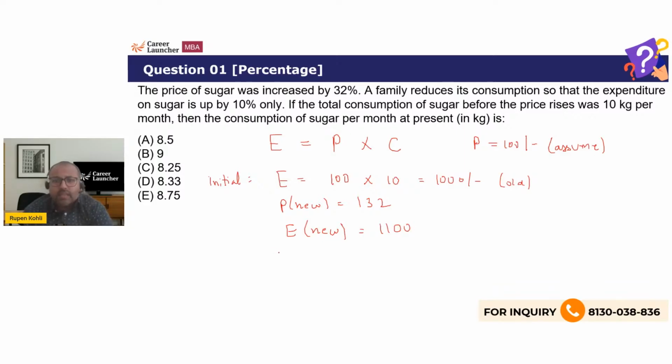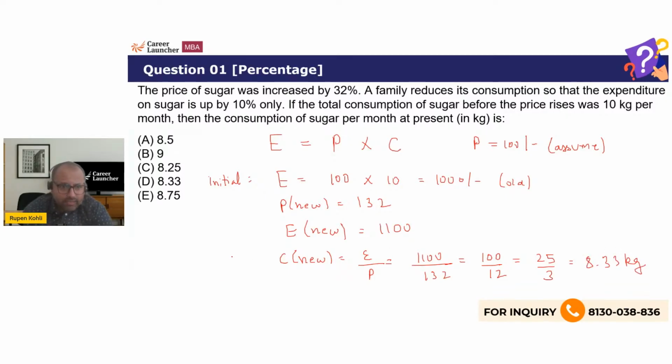So we can now find the new consumption. Consumption will be new expense divided by new price, which is 1100 over 132. 132 is divisible by 11, it is 11 into 12. After dividing by 11, we are left with 100 by 12, and 4 can be cancelled further, so 25 by 3. So 8 is 24, and then 1 by 3. So this is 8.33 kg.